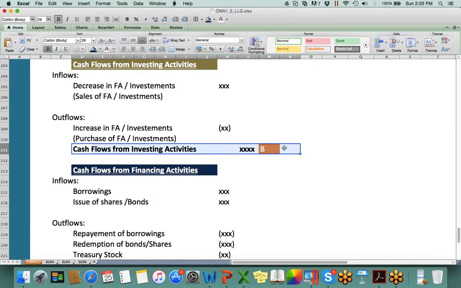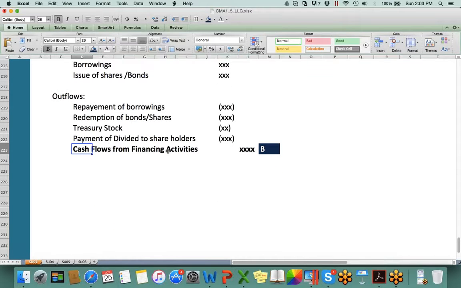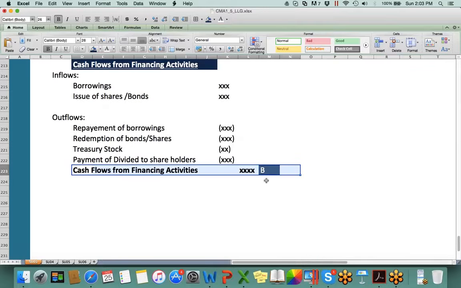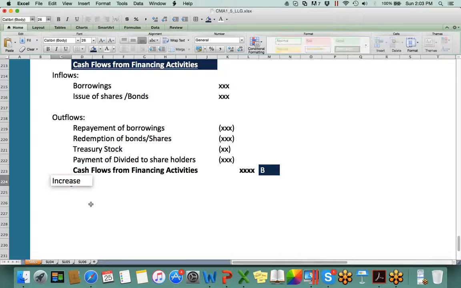So you have cash flows from operating activities, cash flows from investing activities, and cash flows from financing activities.